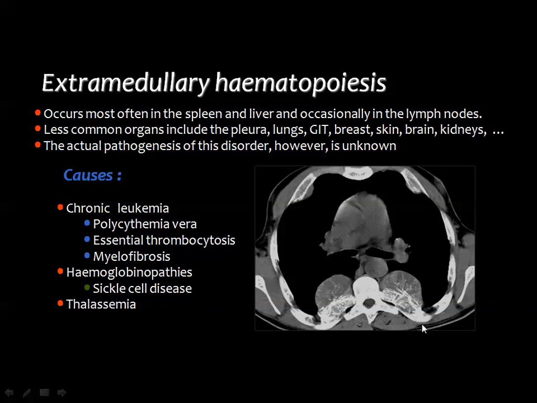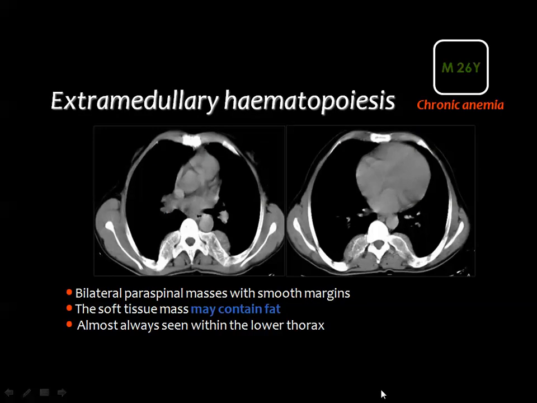Then this appearance may be associated with prominent soft tissue masses along the posterior edges of the ribs and may be seen also anteriorly. These represent the sites of extramedullary hematopoiesis.